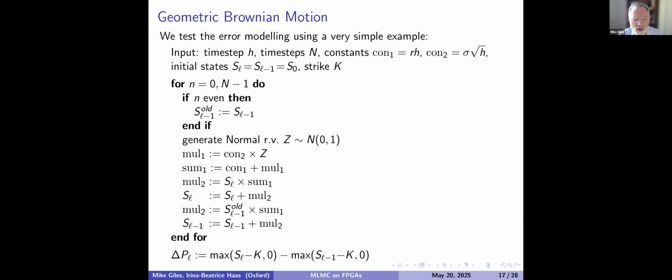We've got a number of simple operations. I've laid this out instruction by instruction because we're going to look at each one of these variables. So mul1, sum1, mul2, etc. And for each one of those variables, we're going to decide what is the optimal number of bits to use to represent it. And then at the bottom there, we get the delta p. So that's really the approximate delta p when we're doing this on the FPGA.